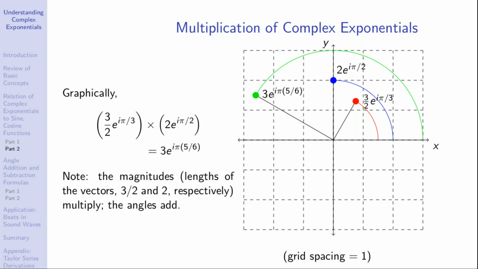That is represented by the green dot. Note that the magnitudes, that's the lengths of the vectors, 3/2 and 2 respectively, multiply to give the magnitude of the end vector of 3. At the same time, the two angles add, so pi over 3 plus pi over 2 is equal to pi times 5/6.